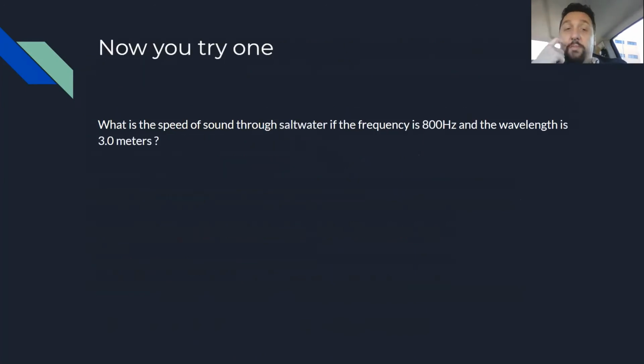Now I want you to do one. What is the speed of sound through salt water if the frequency is 800 hertz and the wavelength is 3 meters? Okay, step one. Find knowns. Frequency is 800, so there's one of them, 800 hertz. And the wavelength is 3 meters. Step two, our formula.